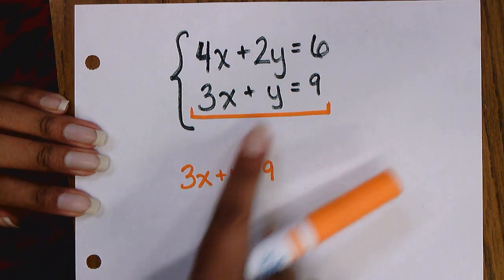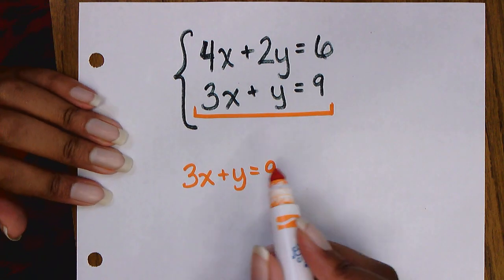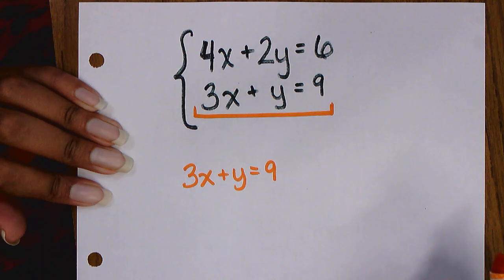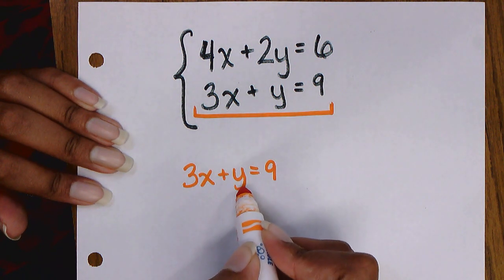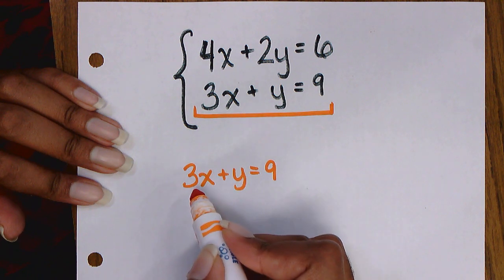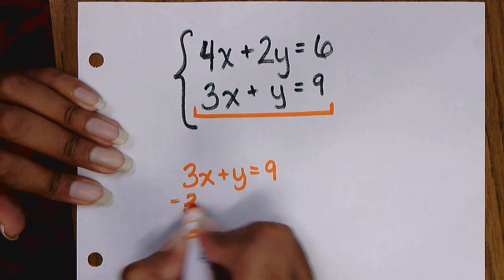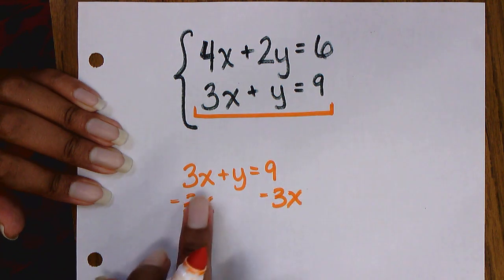So I just rewrote the second equation here in orange, and in order to solve this equation for y, and you could solve it for x if you wanted to, it would take a couple more steps. But if I wanted to solve for y, in order to isolate my y, I see that my y is being added to 3x, so I'm going to subtract 3x from both sides of my equation, and I have to subtract that whole term.